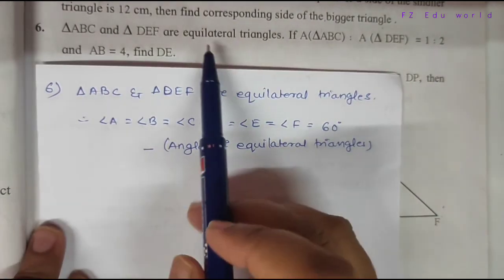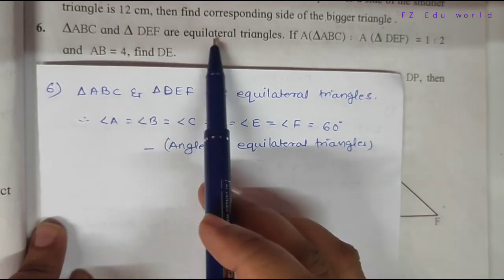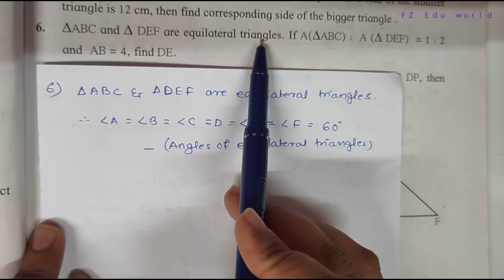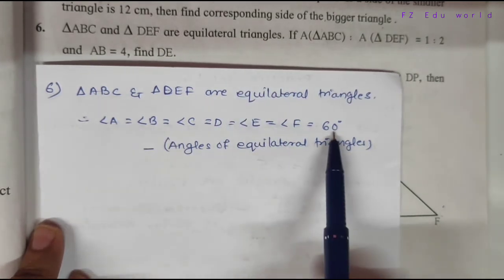Here it is given that triangle ABC and triangle DEF are equilateral triangles. That means each angle of these two triangles is 60 degrees.